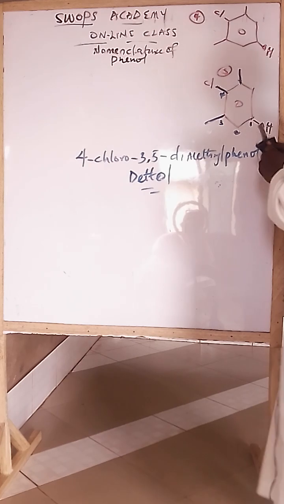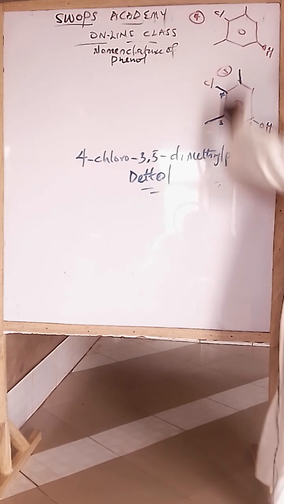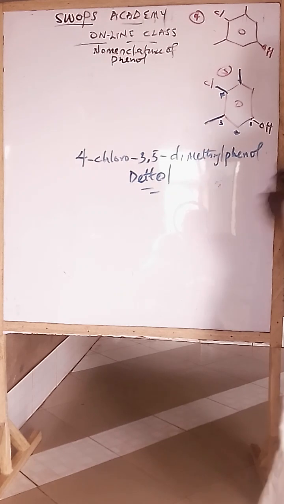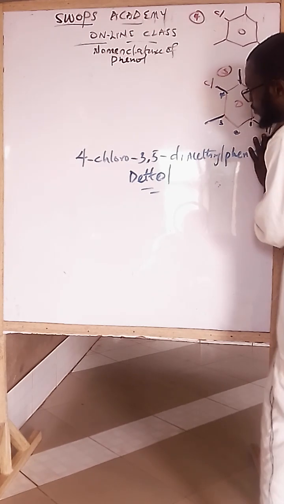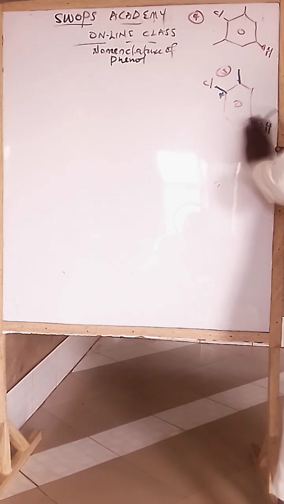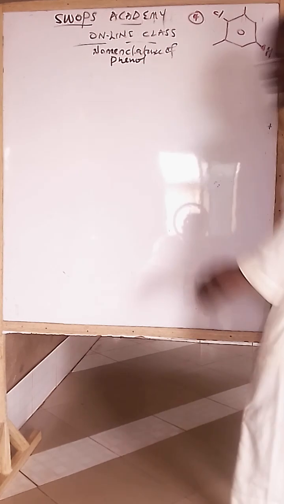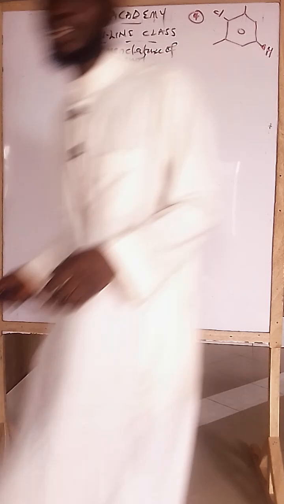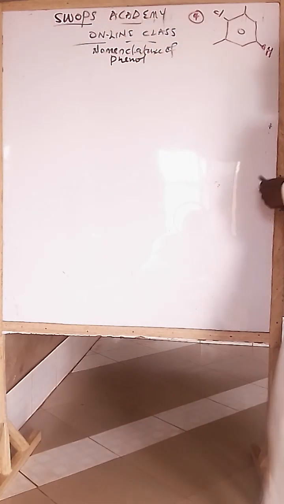Now let's see this one. Okay, this and this, yeah, they are the same thing, so I don't need to. So that is that on that. In another class under phenol, you're still going to see the chemical reactions of phenol.